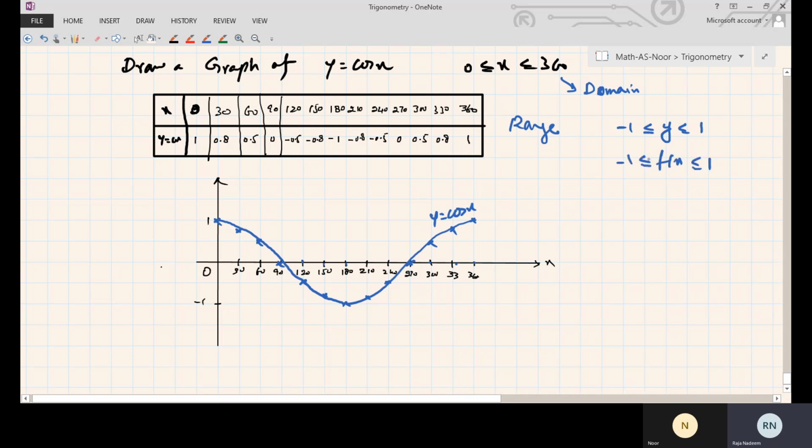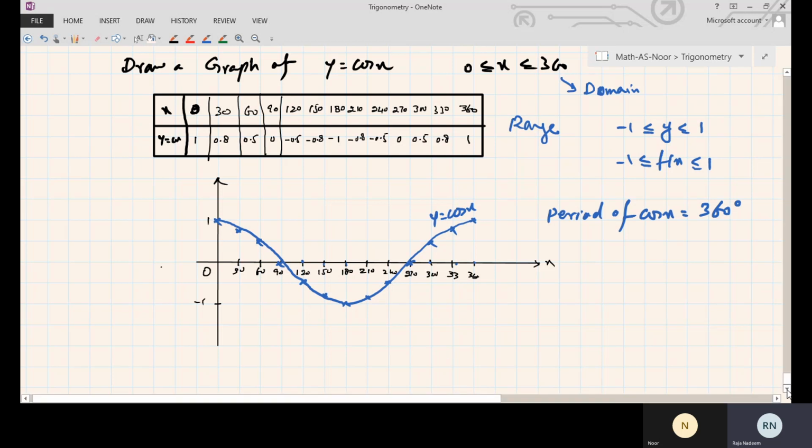So the range of the trigonometric functions sine and cos would lie between 1 and minus 1. This would be considered one complete curve, one complete cycle, one complete wave. So the period of cos of x will also be the same as sine of x. It will complete one complete cycle in the angle 360.